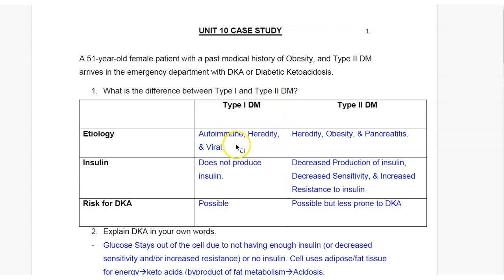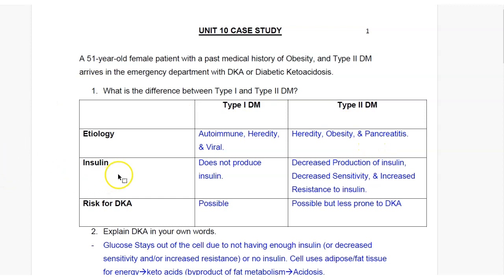Hereditary, again, this is genetic. And viral, so it can develop after a viral infection. Now, type 2, on the other hand, can also be hereditary, and it can be due to obesity and pancreatitis. In all honesty, the most common reason for diabetes type 2 in our community is obesity.